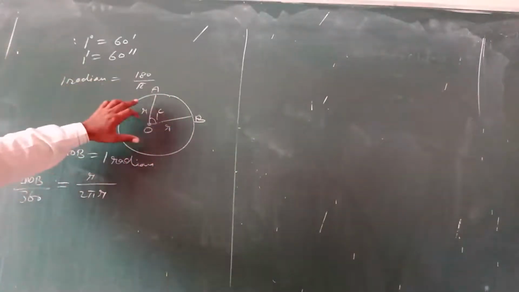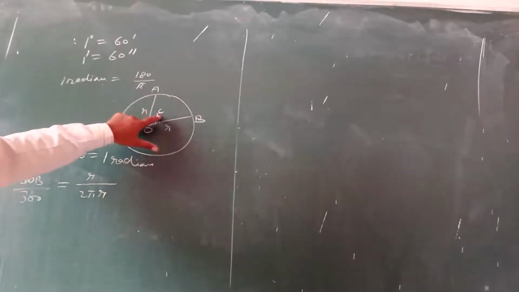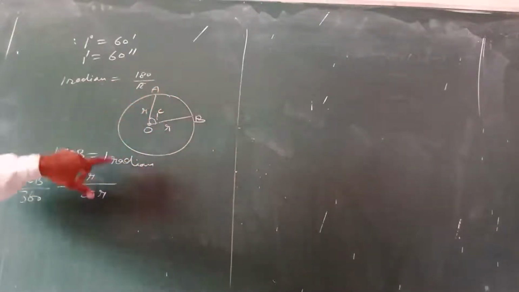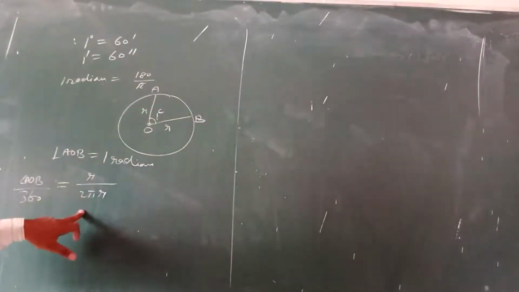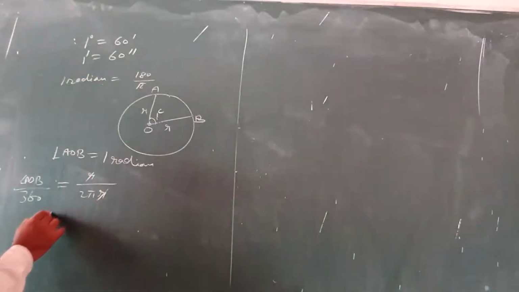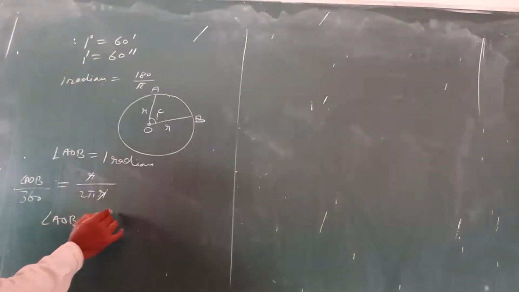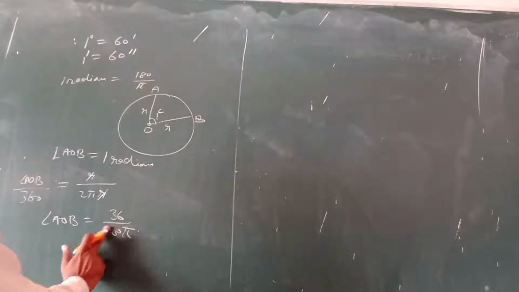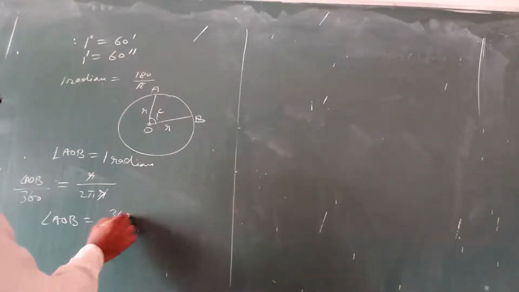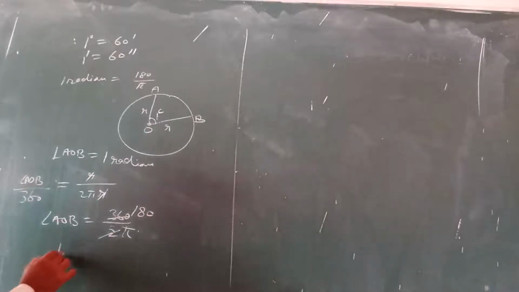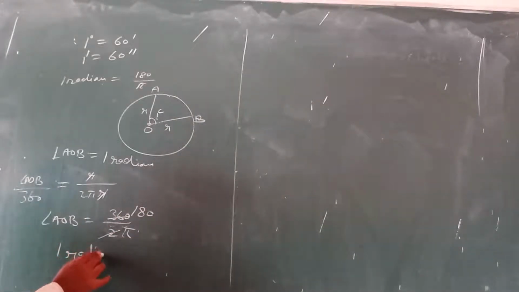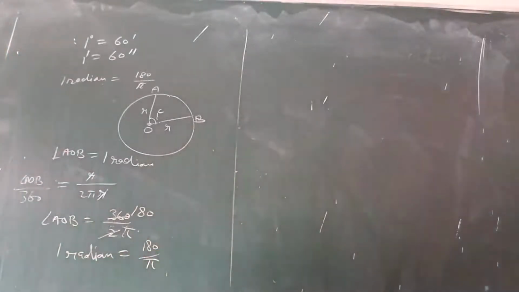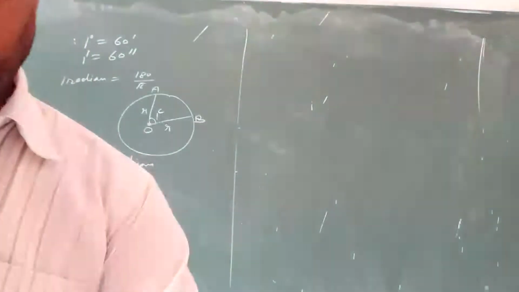We are taking angle AOB upon the whole angle 360, equal to radius upon 2 pi r. The r can be cancelled, and angle AOB equals 360 upon 2 pi. 360 upon 2 pi, that is 180 upon pi, so 1 radian equals 180 upon pi. Got it? Yes or no?